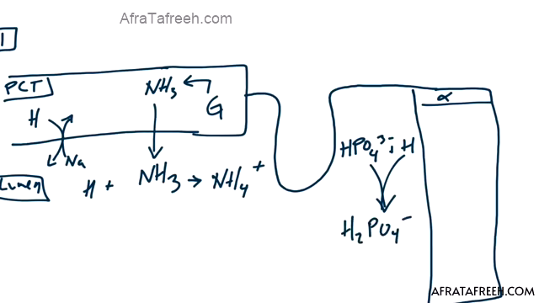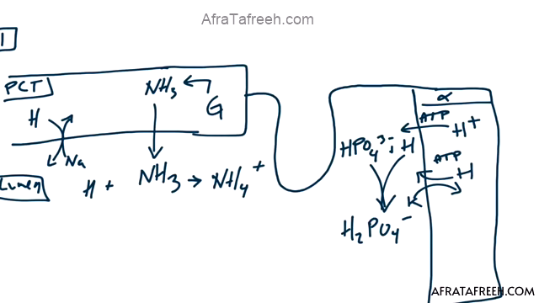Remember, hydrogen is secreted into the lumen of the nephron through hydrogen ATPases in the alpha intercalated cell, as well as hydrogen potassium ATPases. So you can see that ammonia and hydrogen phosphate are important buffers in the nephron and allow the kidneys to secrete excess hydrogen ions without drastically altering the pH of the urine.